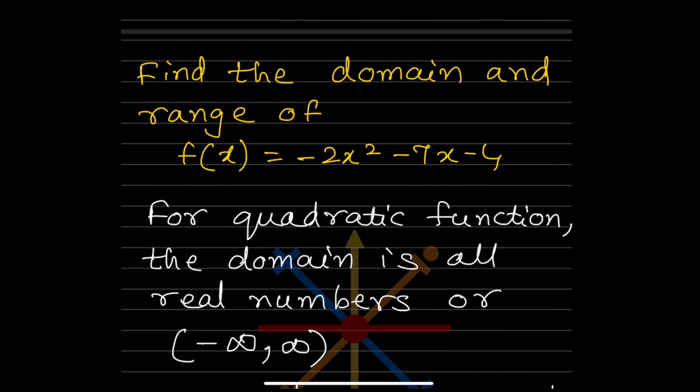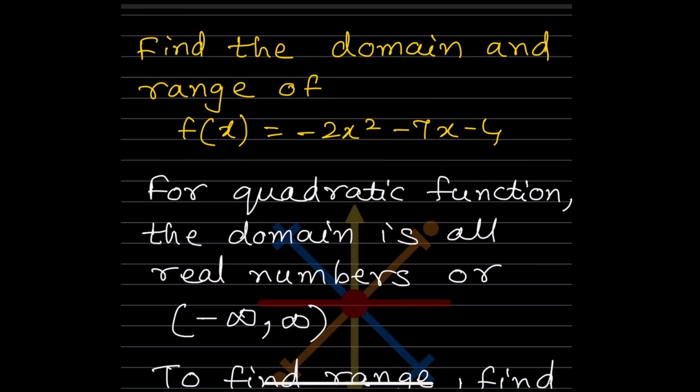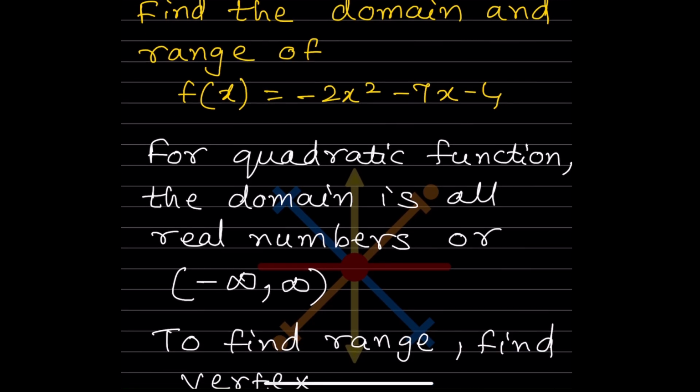Now we will find the domain and range of f of x is minus 2x square minus 7x minus 4. So for a quadratic function, the domain is what? That is all the real numbers, or minus infinity to infinity. Whenever we say quadratic, it is a parabola. Now can you see this line is extending from here, and this side also, it will keep on going.